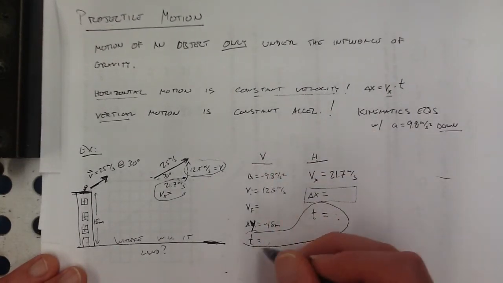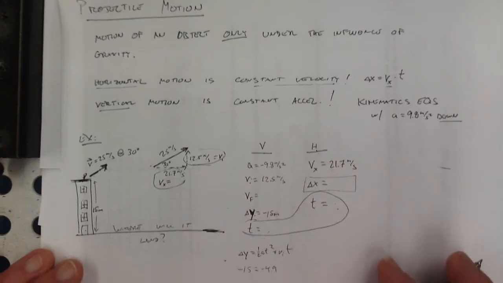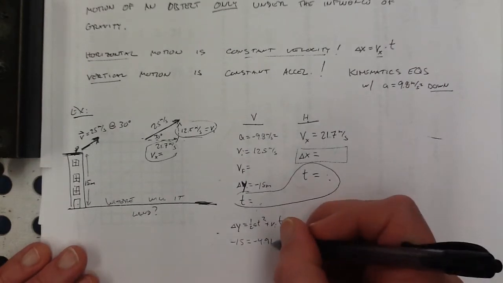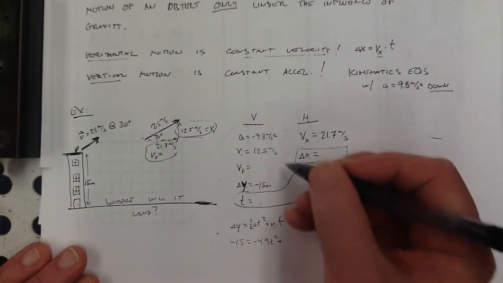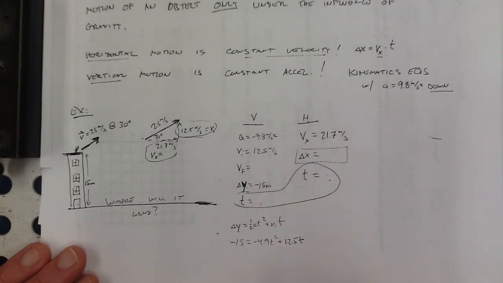So in the vertical side, this looks like delta y equals 1/2 a t squared plus vi t. Delta y, minus 15, is equal to negative 4.9 t squared plus 12.5 t.